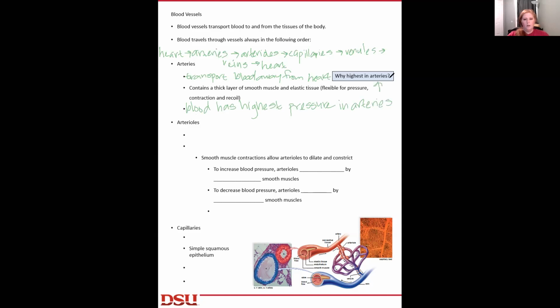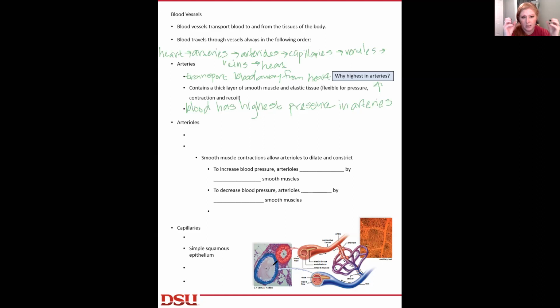All right, so why? Because if you think about what's happening in the system, right? You've got arteries, and where are they coming directly from? Well, they're coming straight from the heart. And the heart, as we know, isn't just like a sluice gate that's open that just lets stuff run through.